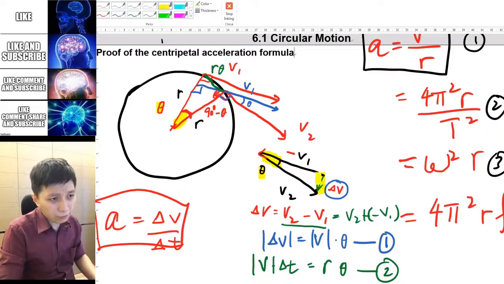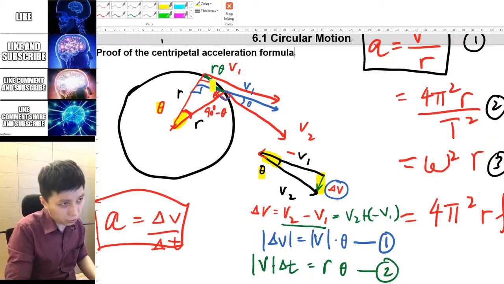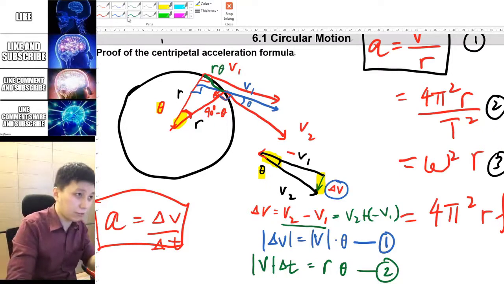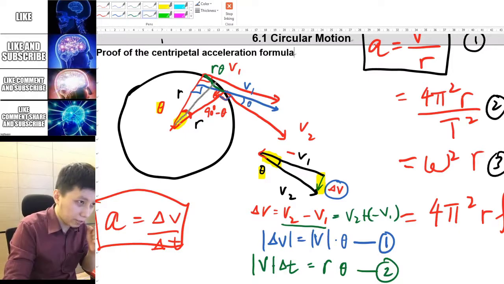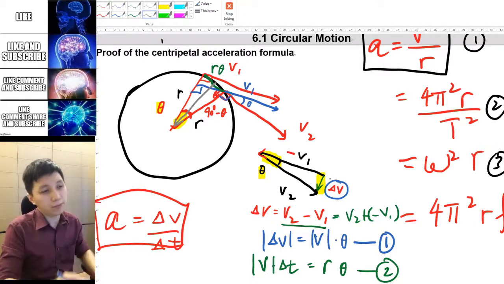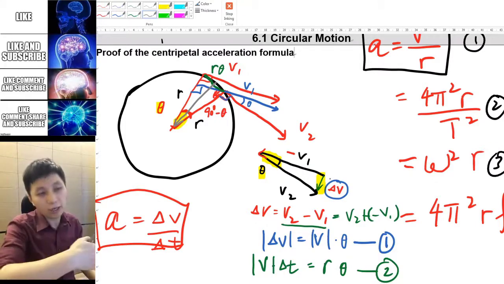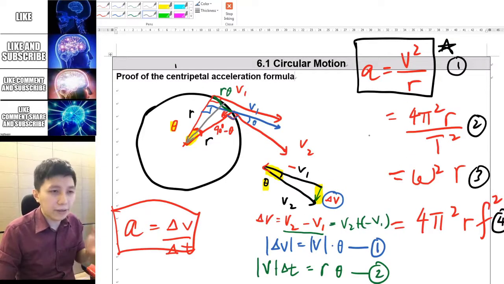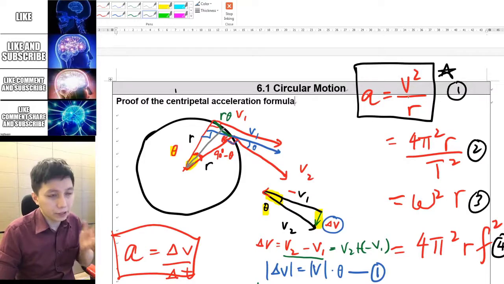If you put this direction back onto the diagram, it is basically the direction pointing to the center. I didn't draw the diagram very well, but if you draw it well, you can find it's the same direction pointing to the center. So there you have it. Now you have obtained the first equation, a equals v squared over R.